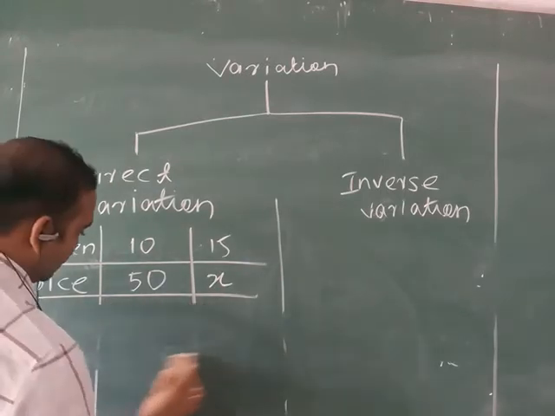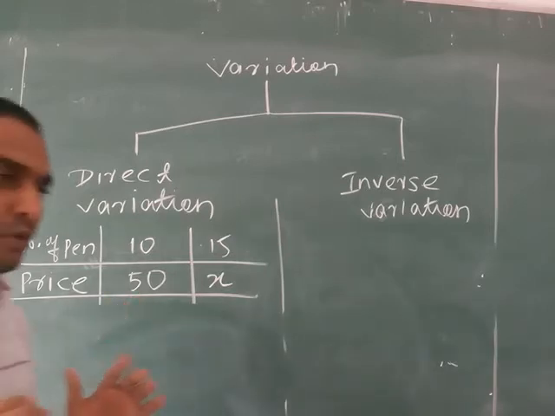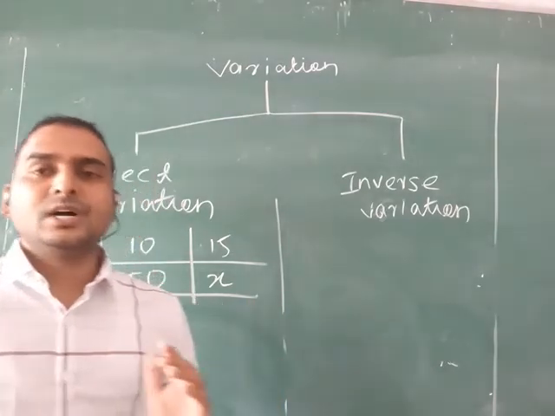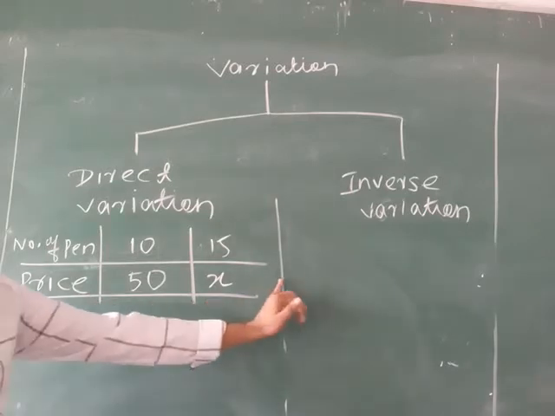First you say whether it is direct variation or inverse variation. Look here. If the number of pens increases, the price will increase. The more pens we buy, the more price we have to pay. That means this is the case of direct variation.